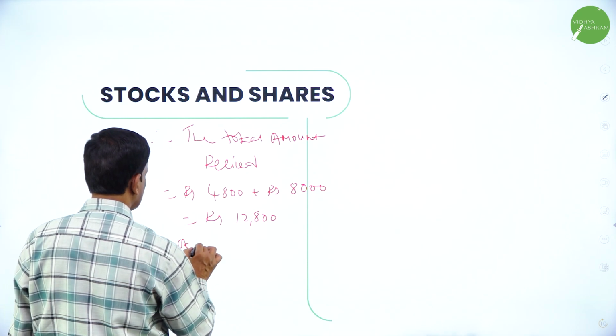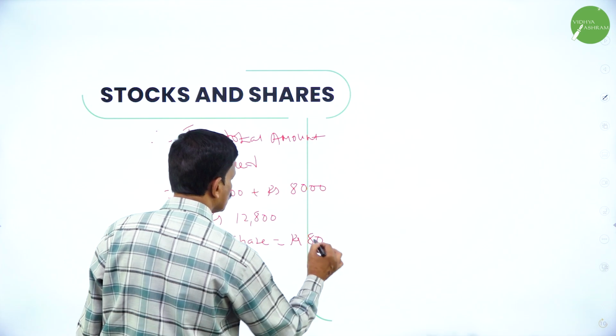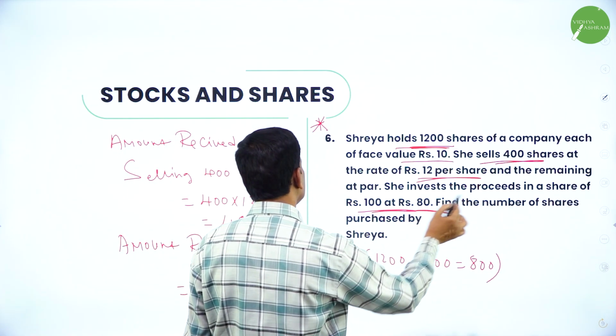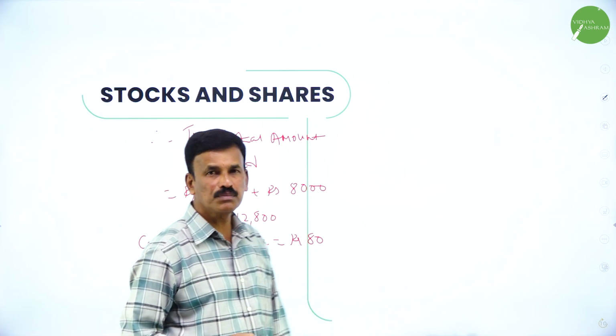Now cost of one share is equal to rupees 80. So the shares are purchased at rupees 80. So that means the cost of one share is rupees 80.